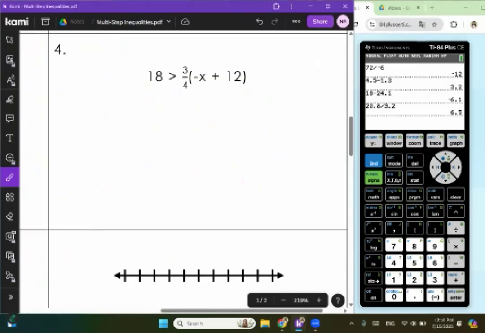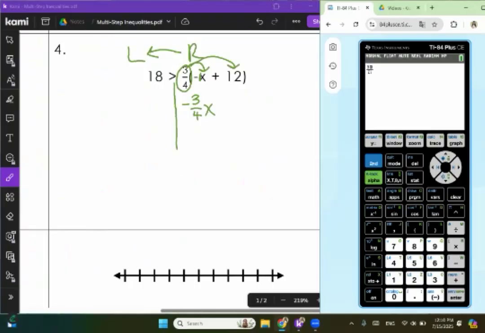Next one. Variables are on the right, so we move our numbers to the left. First thing we notice is parentheses, so that lets us know that we need to distribute. Now, 3/4 times a -1 is just -3/4. 3/4 times 12, that's going to give us 9, but just in case you don't believe me, 3/4 times 12 gives us a 9.